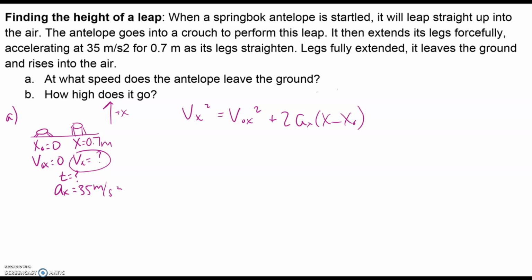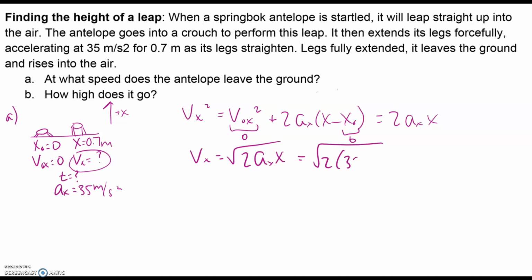Plugging in what we know in terms of zeros, we know we start at rest and that we start at 0 height. So this simplifies to 2 times the acceleration times x. Then all I need to do on both sides is take a square root. Plugging in numbers, we have 2 times our acceleration times our height of 0.7 meters, giving us a value.